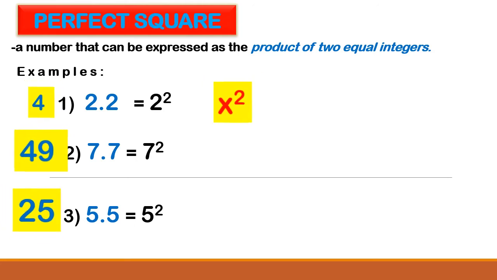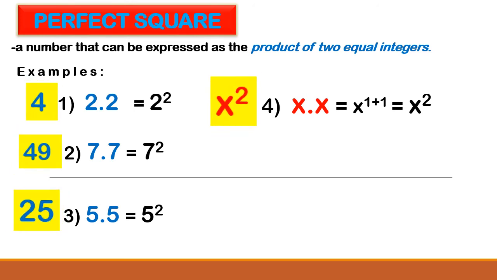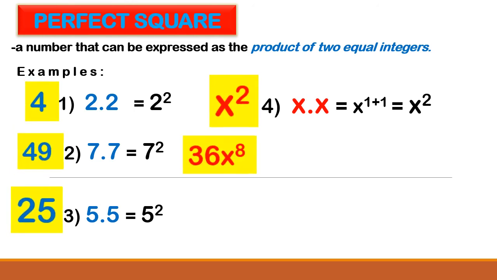X squared is also a perfect square because we can express this as x times x or x raised to 1 plus 1, which is equal to x squared.